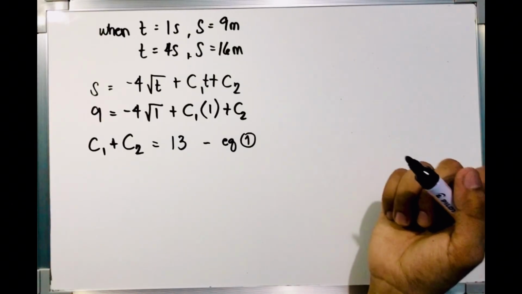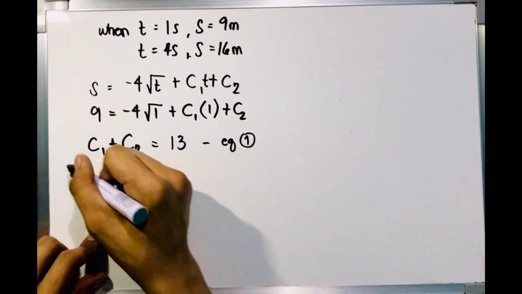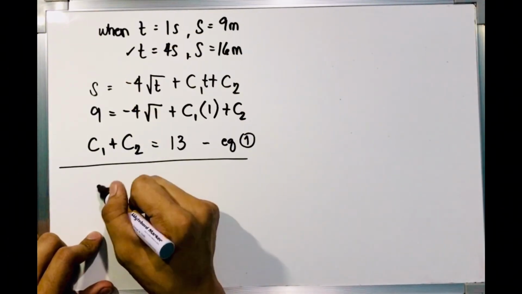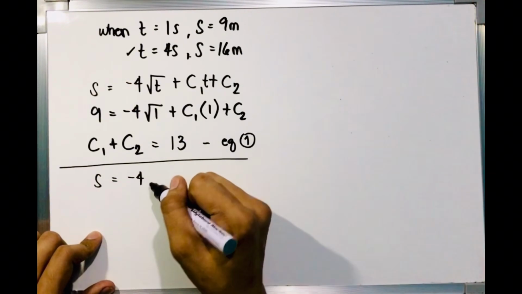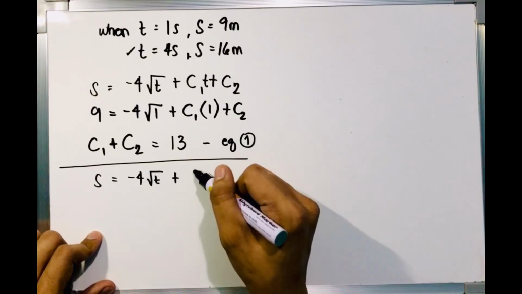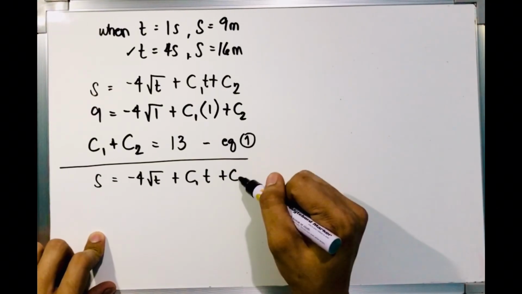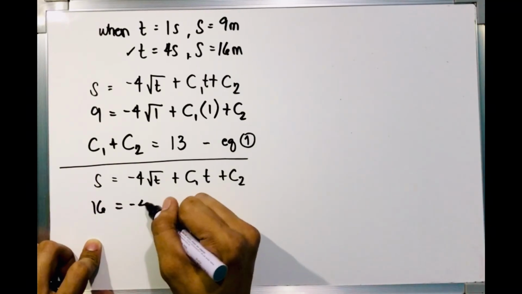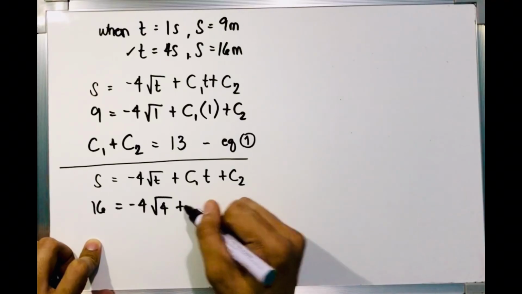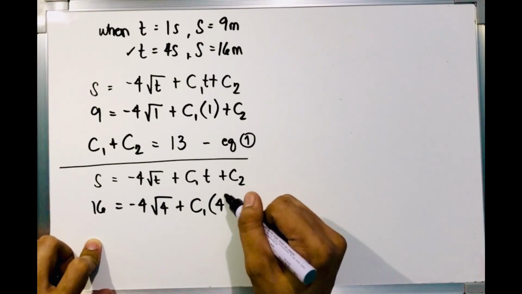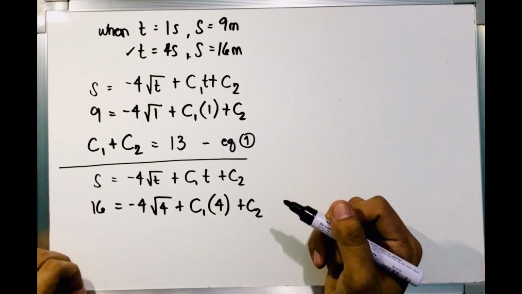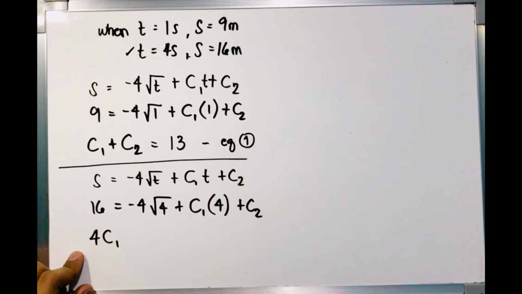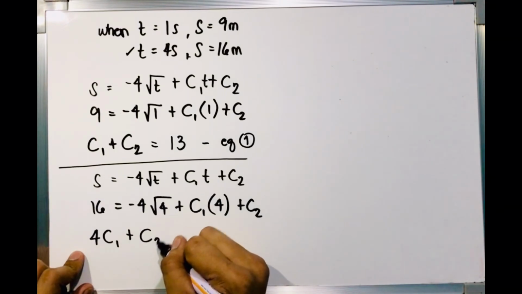So to get equation number 2, we'll just substitute yung value nung second condition. Okay? So since s is equal to negative 4 square root of t plus c1t plus c2, substitute natin yung second condition, that's 16 is equal to negative 4 square root of 4 plus c1 multiplied by 4 plus c2. And if I will simplify this function, magiging siyang 4c1, di ba, plus c2, okay?